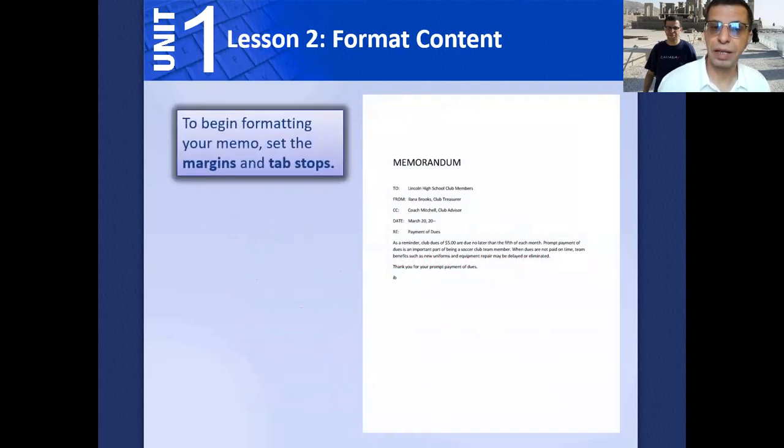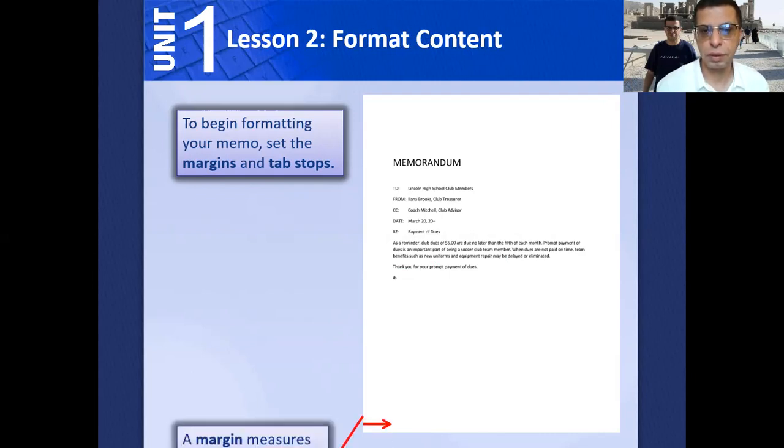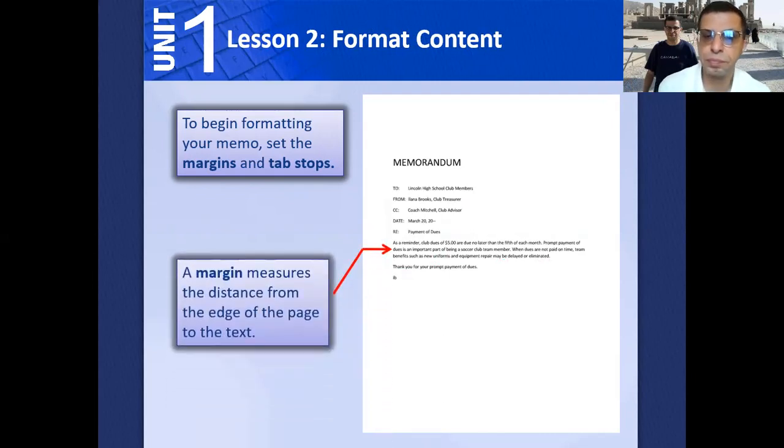To begin formatting your memo, we need to set the margins and the tabs. The margins are at the side. If you used the old typewriters, the margin and the tab stops are taken from there. A margin measures the distance from the edge of the page to the text.